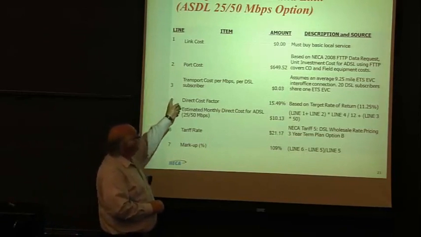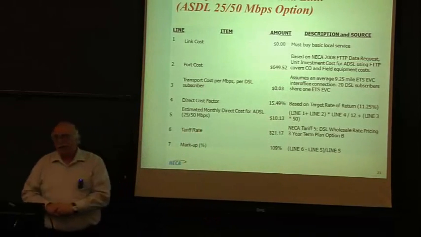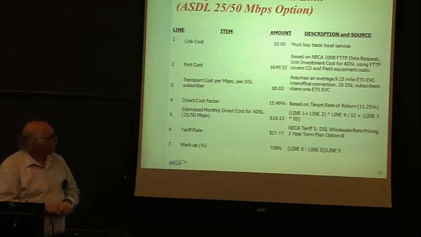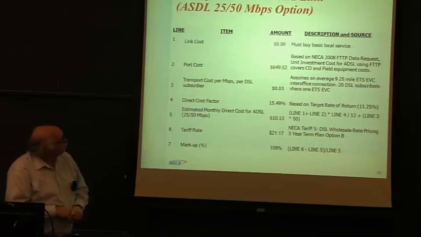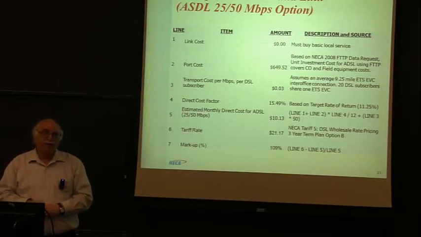Then we look at DSL and find that the average transport is 9.25 miles, and there's an oversubscription rate of 20 to 1.